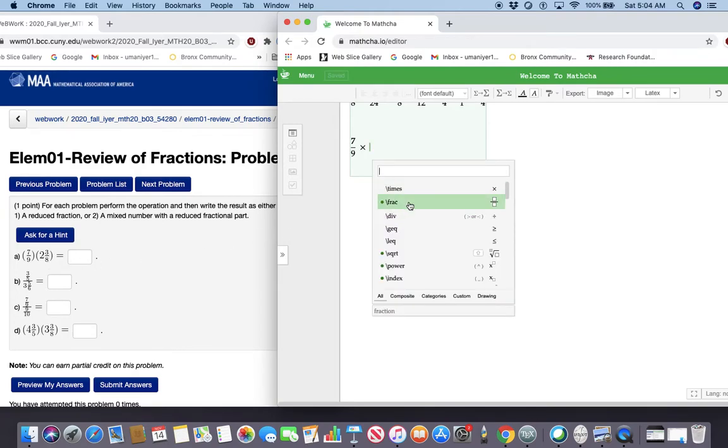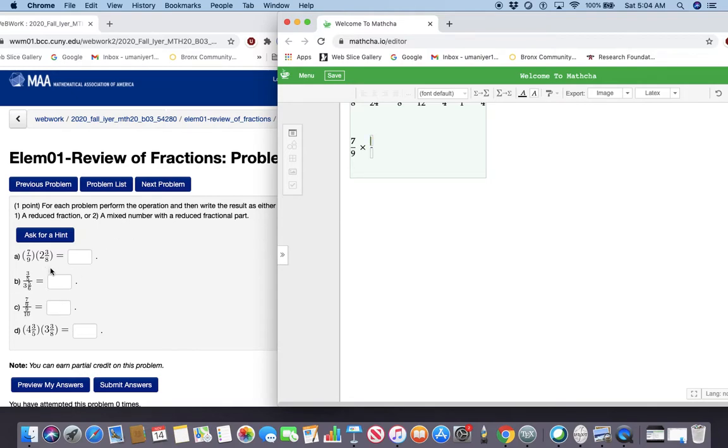So how do you convert that into an improper fraction? You take the 2, multiply by 8. 2 times 8 is 16. Add the 3, 19. First multiply, then add the numerator: 2 times 8 plus 3. 2 times 8 is 16, plus 3 is 19.